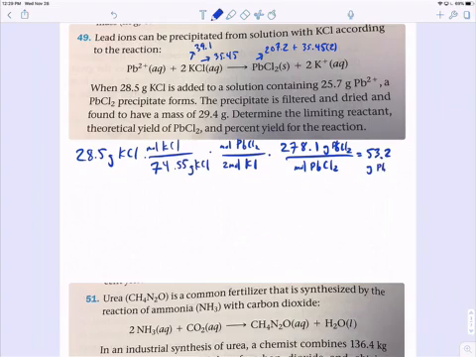83.2 grams PbCl2. Okay, so I've got to do it for the lead ion now. 25.7 grams lead plus 2, over moles lead plus 2. The plus 2 ion is pretty much the same mass as the lead itself, and lead itself is 207.2 grams Pb plus 2 per mole Pb plus 2.